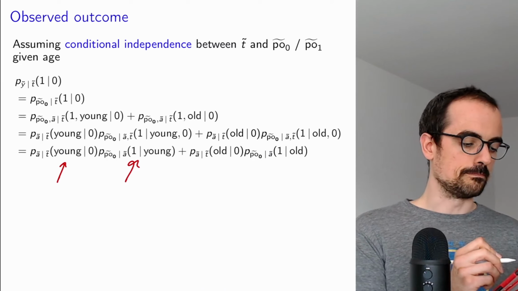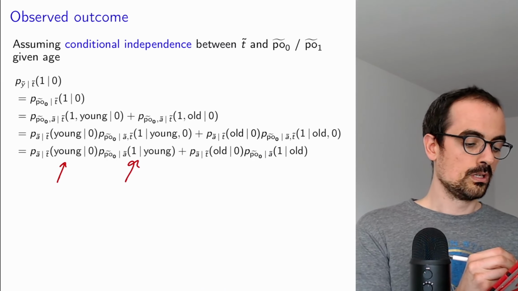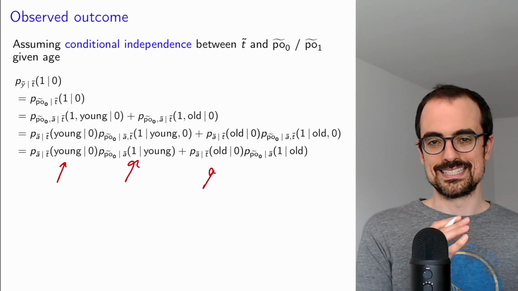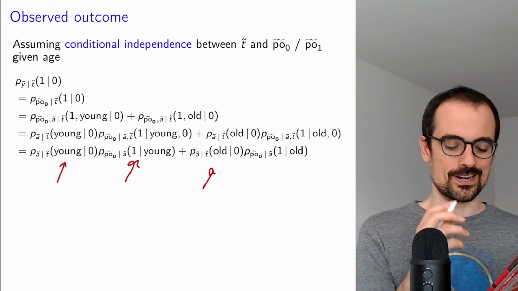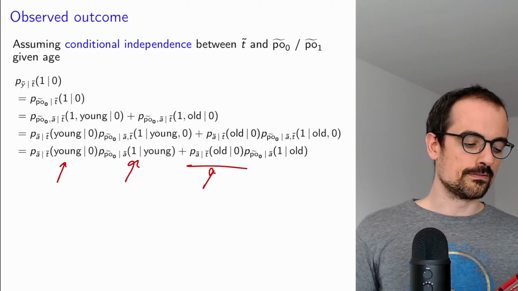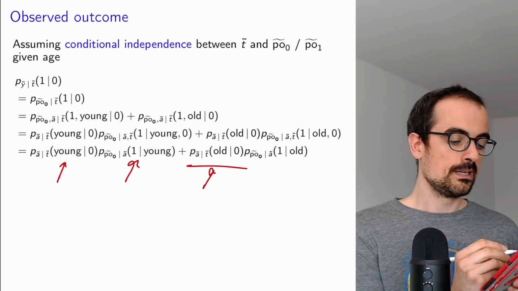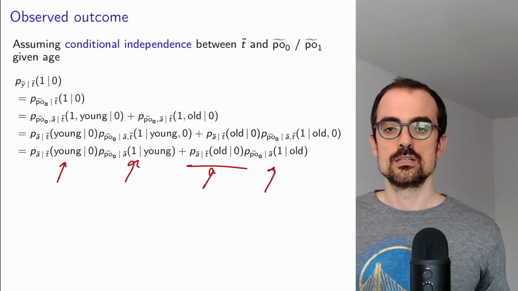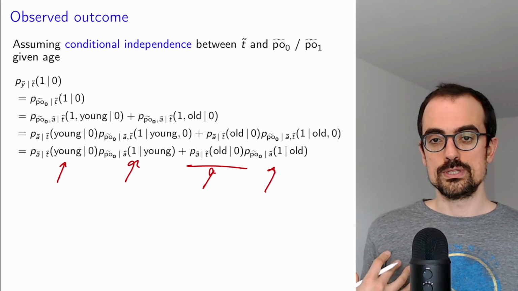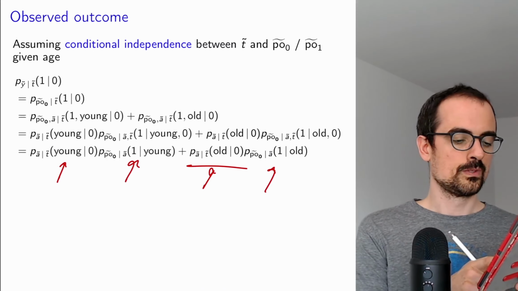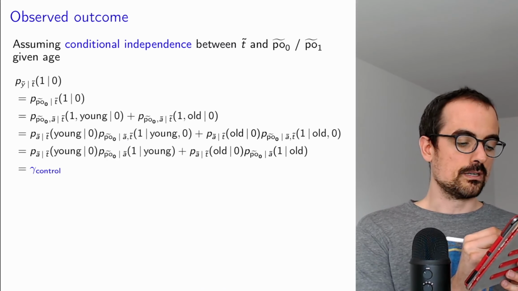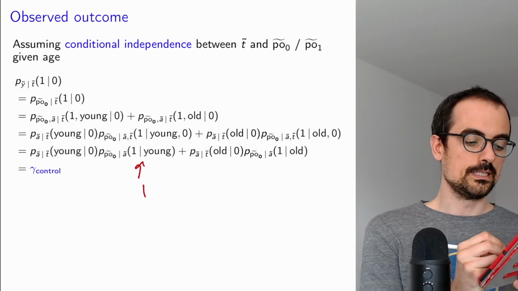And now, in the same way, this is the probability of being old given that you're in the control group, and this is the probability that you recover when you don't receive treatment if you're old. Remember that this is equal to 1 and this is equal to 0.